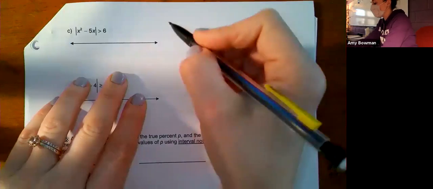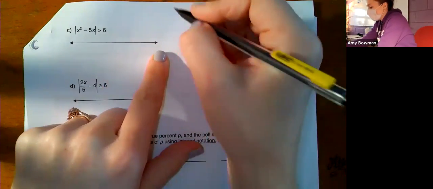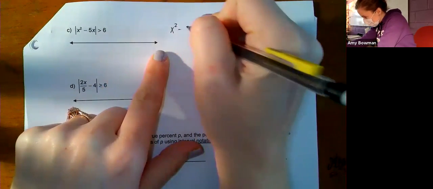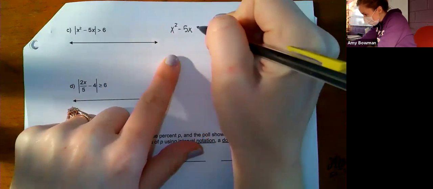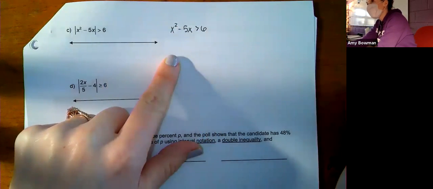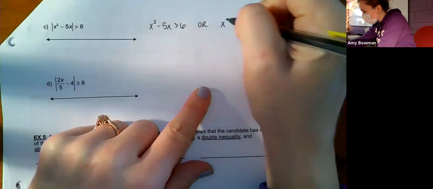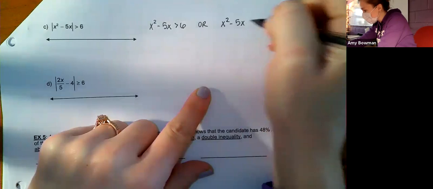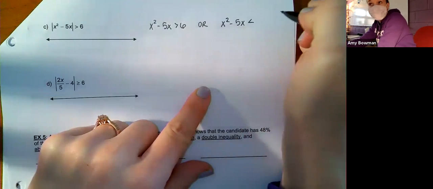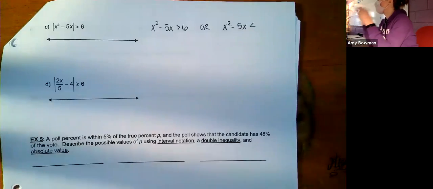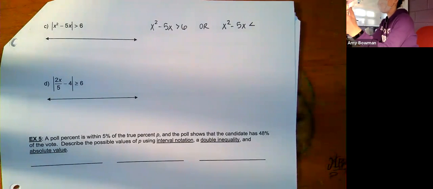So what are my two inequalities? x squared minus 5x is greater than 6, or x squared minus 5x is less than what? Negative 6. Yeah, so visualize that window. 6, negative 6. Visualize the number line.